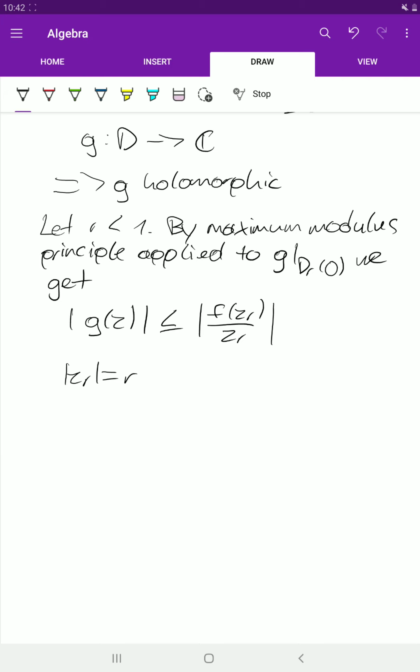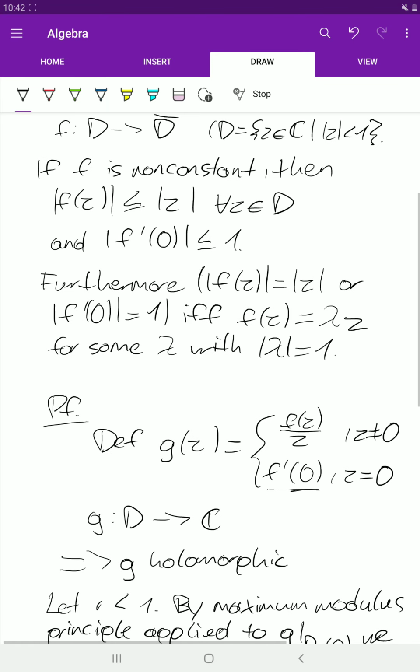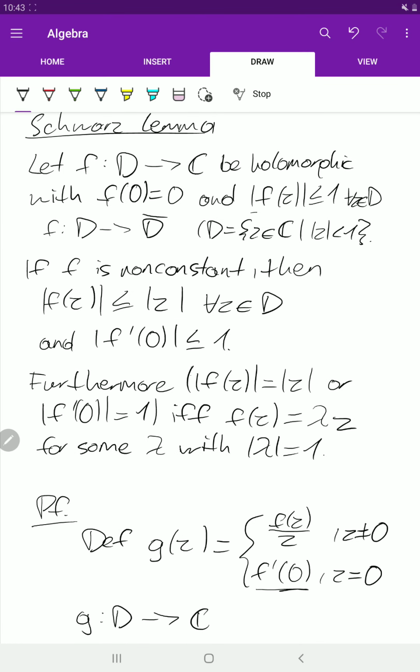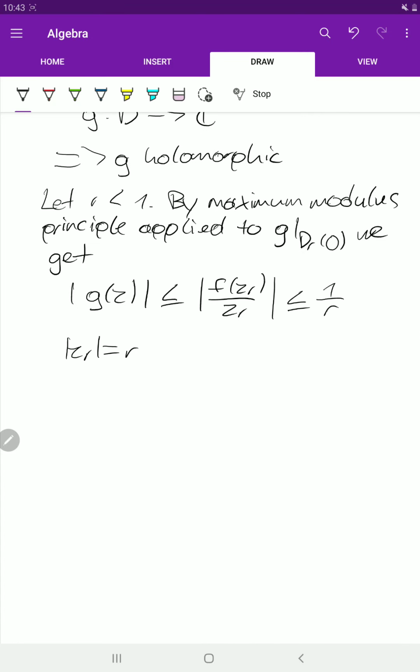And now, as the maximum is attained at the boundary, we get that this is at most 1 over r, because the modulus of z_r is r, and the modulus of f of z is at most 1 by assumption. Okay, so that's what we have here.